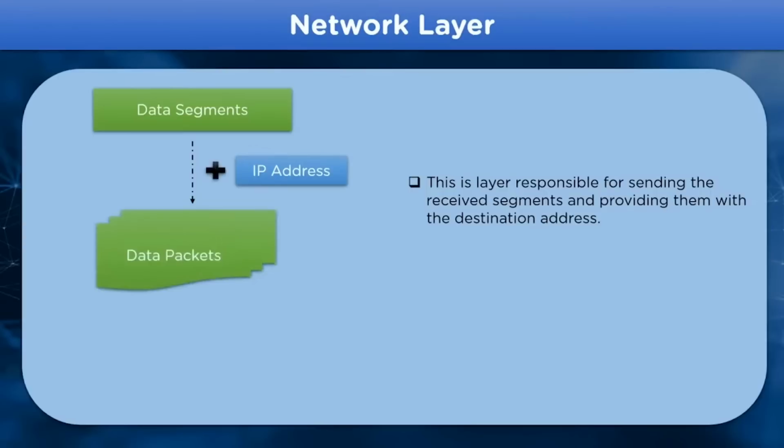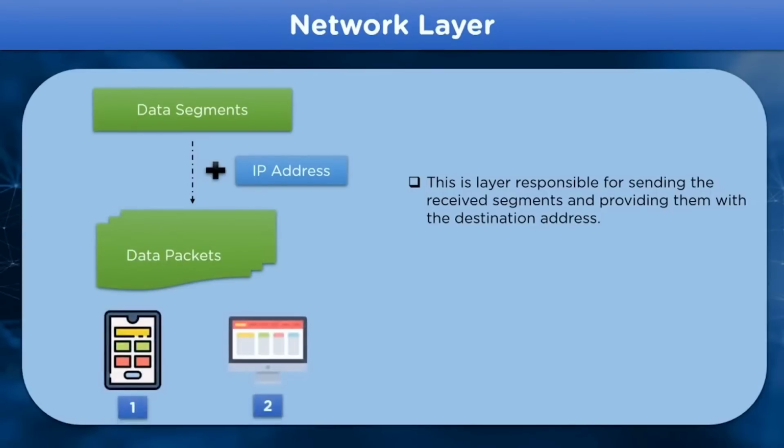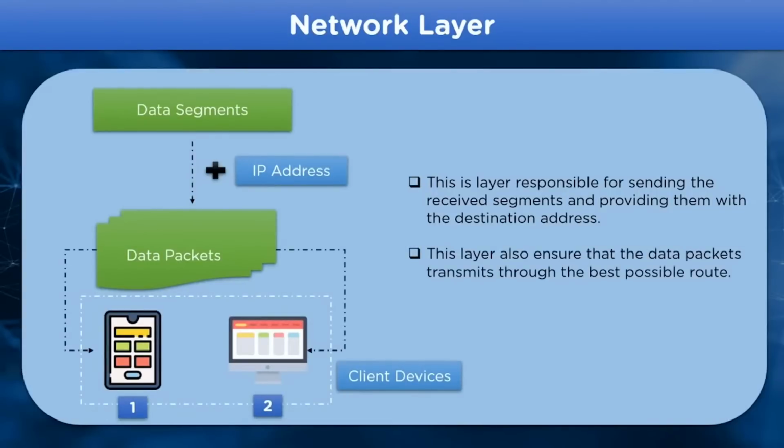These data packets are then transmitted through the best possible route to the destination system, governed by the Internet protocols, including IP and IPv6. For example, if data is to be transferred to network device 2, we choose the best route to that network device.